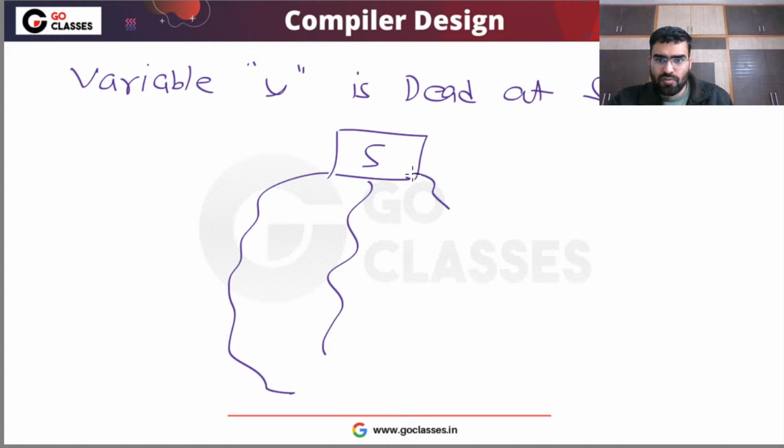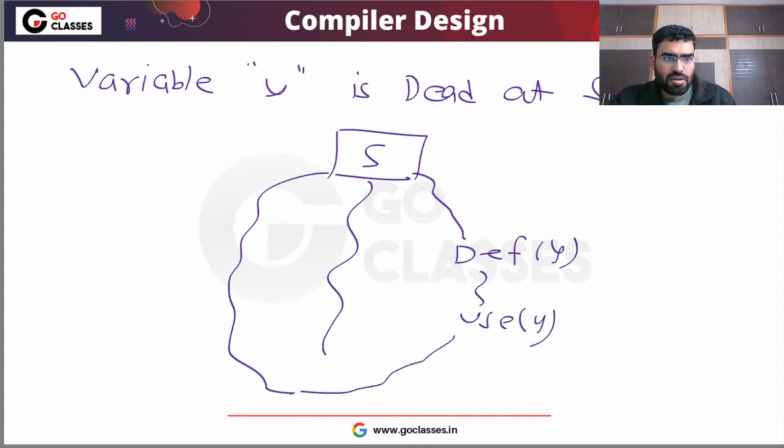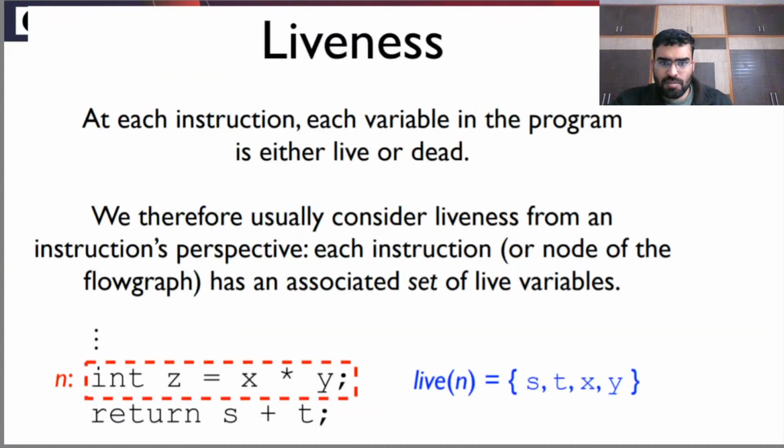For example, here you have a definition of y, and then you can have a use of y. Or here you can have a definition of y. So on all the paths there is no path where you are using this y. This is the situation that y is dead at s. Okay, so this is the point.